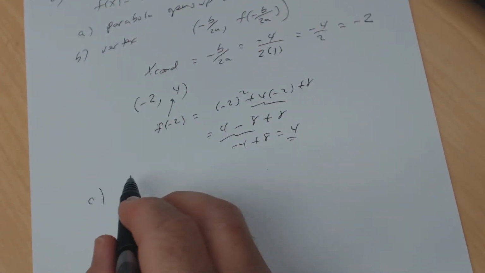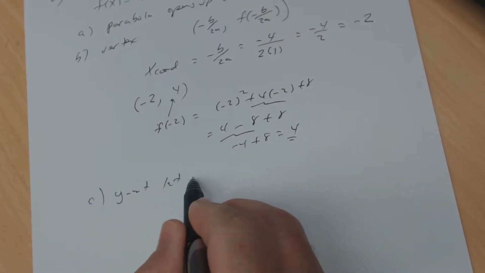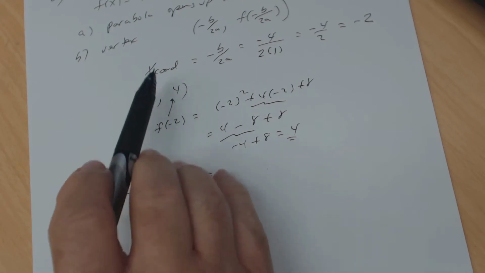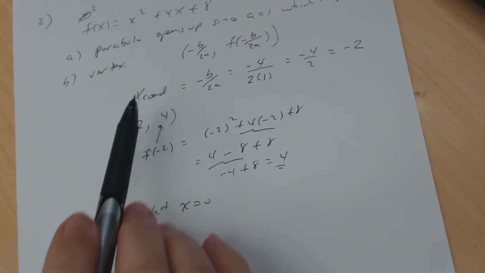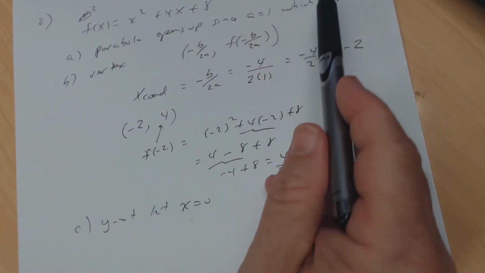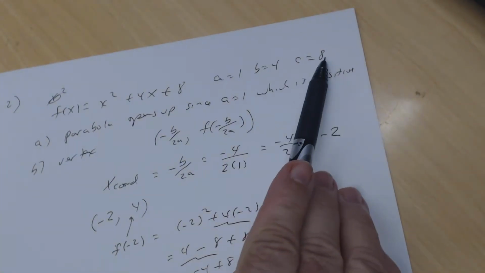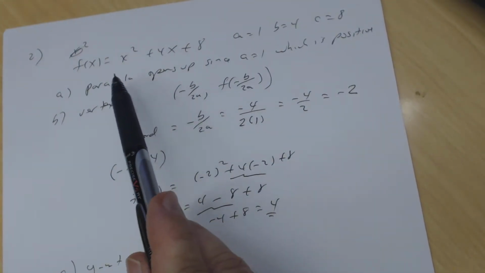C was where we found the y-intercept. So for the y-intercept, you're going to let x equal 0. Now remember, this is general form. So by now you should know that if it's general form, your y-intercept is just your constant c. In this case it's 8. But you may want to go back and just verify.